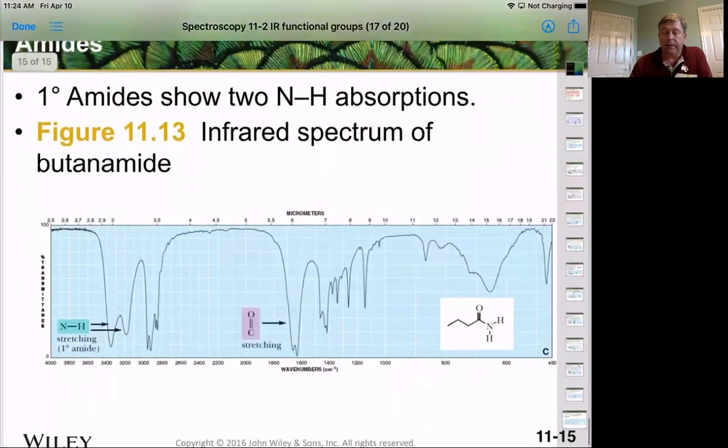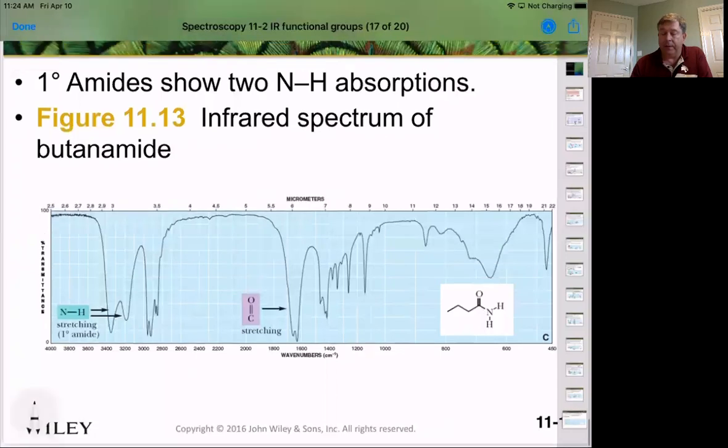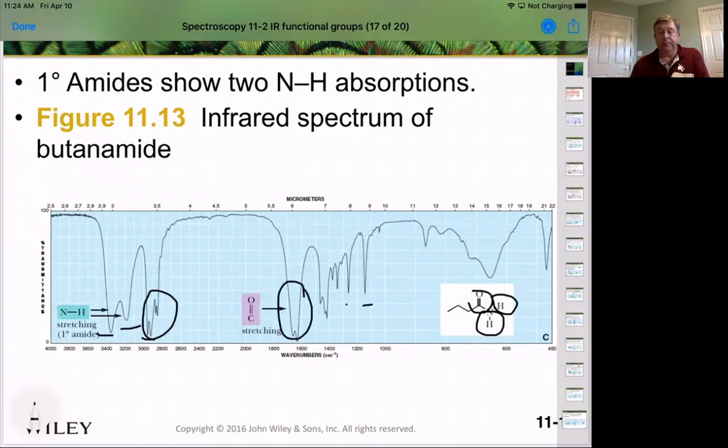Okay, so now that we have a primary amide here, we have 2 hydrogens on our nitrogen here. So we see 2 peaks in our nitrogen-hydrogen section. We still see our carbon-hydrogen bonds, and we see our carbon-oxygen double bond in that region. And then, of course, some carbon-carbon bonds as well.